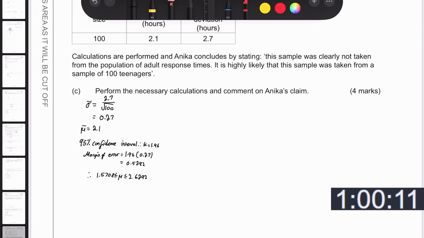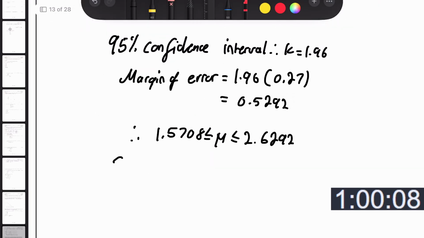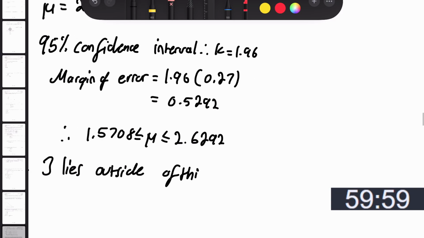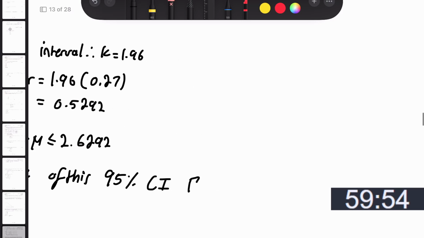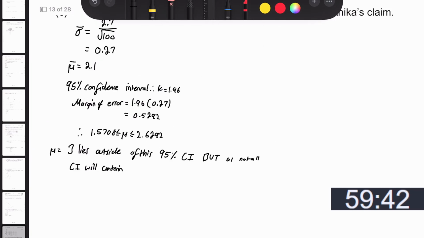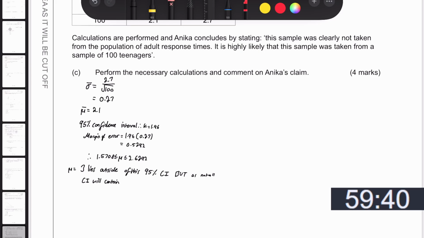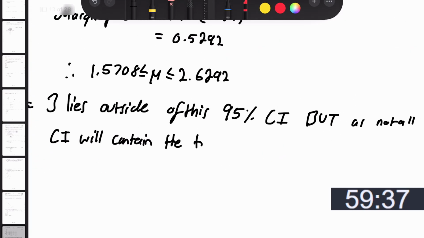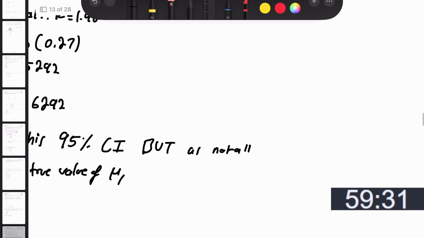However, mu equals 3 lies outside of this 95% confidence interval, but as not all confidence intervals will contain the true value of mu, it is not enough evidence.